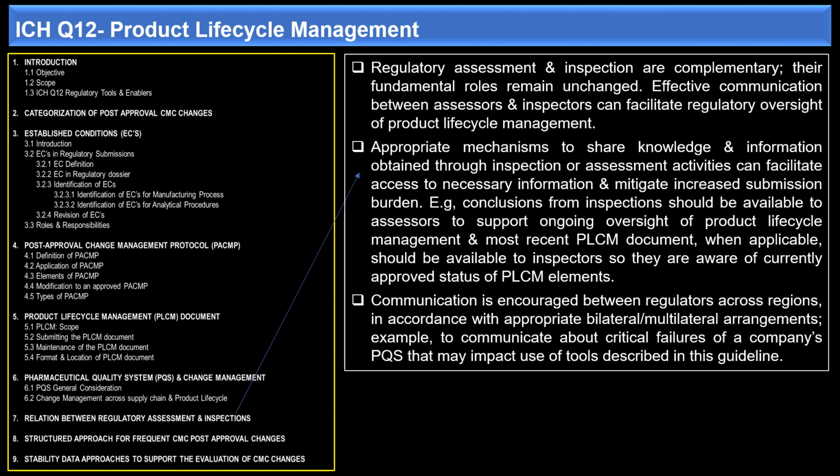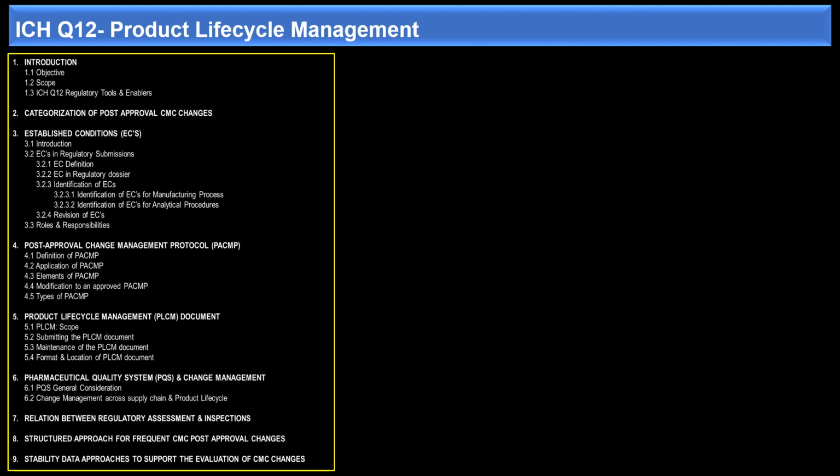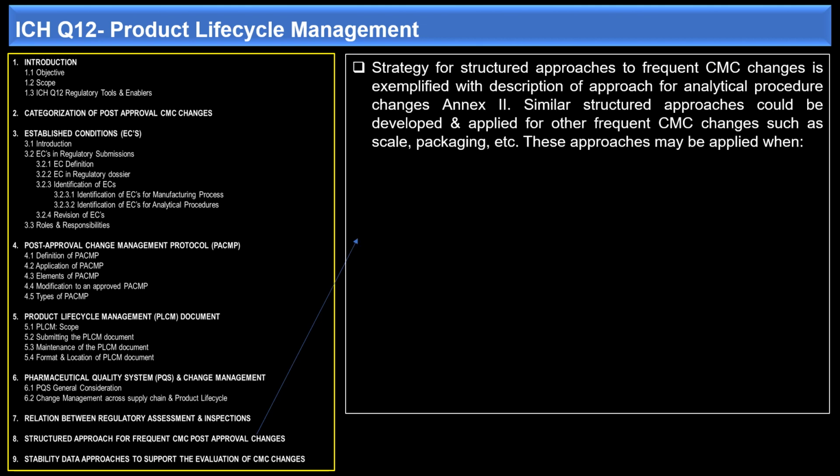Communication is encouraged between regulators across regions in accordance with appropriate bilateral and multilateral arrangements. For example, to communicate about critical failures of a company's PQS that may impact the use of tools described in this guideline. The guideline also discusses a structured approach for frequent CMC post-approval changes.